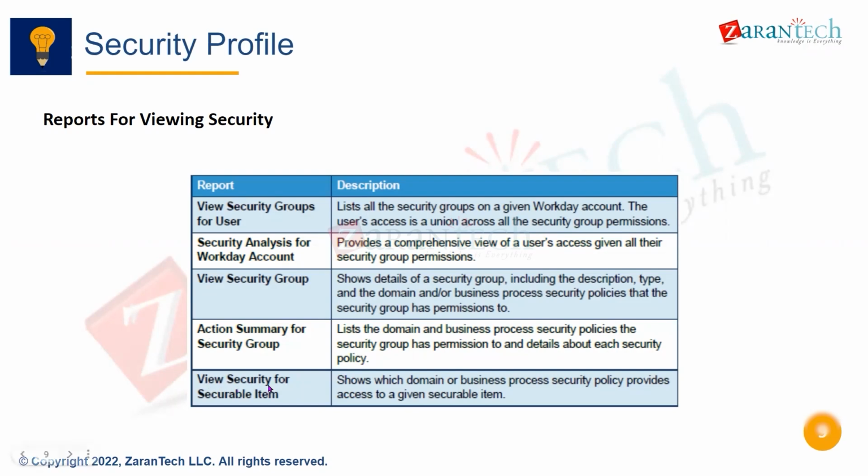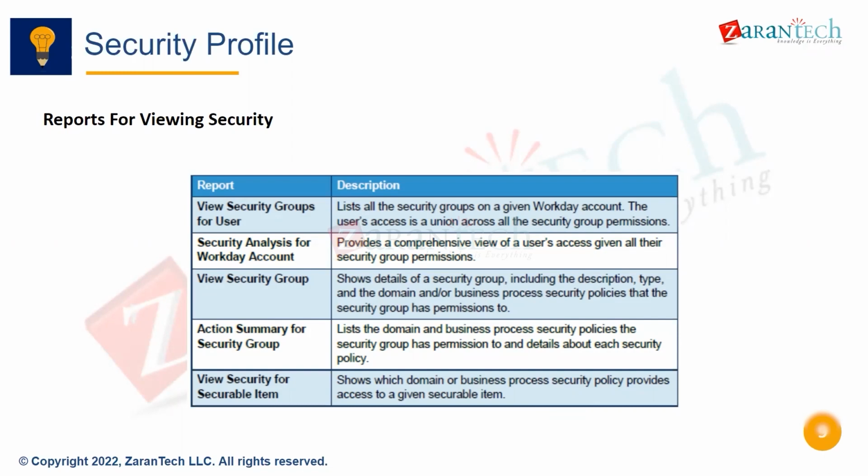And View Security for Securitable Item. Here again it shows all the domains and the business process security policies, and what the securitable items are. Let's say for Report Writer security, what are the security items? Create a report, run report, or any different kind of task level, we have defined again.